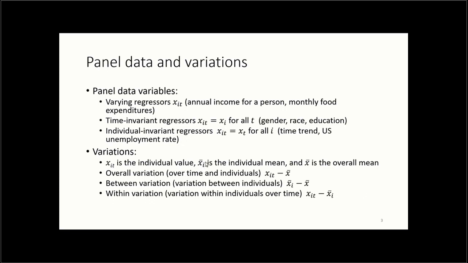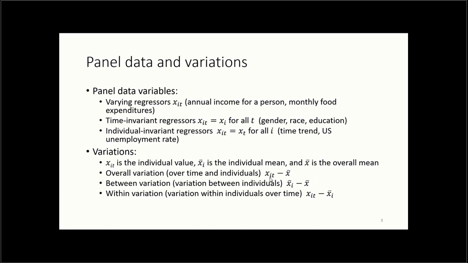And then x_i bar, that would be the individual mean over time. So a mean taken for each individual over time. And x bar would be the overall mean, which means that the average is taken across all the individuals and over time. So when we talk about the overall variation, this would be over time and individuals.